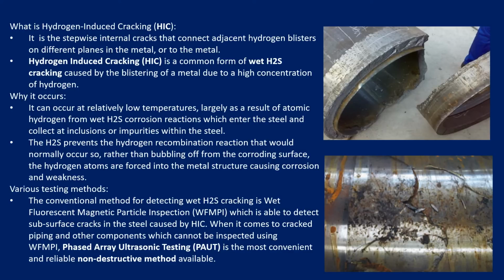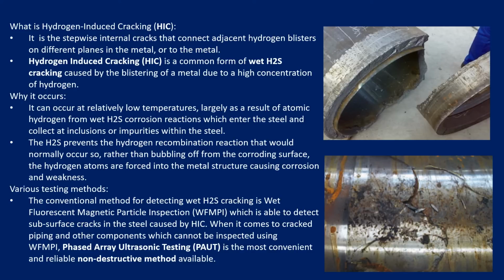Now there are a few tests which are available to identify this kind of cracking. A conventional method of detecting wet H2S cracking is wet fluorescent magnetic particle inspection, which is also called WFMPI, which is able to detect subsurface cracks in the steel caused by hydrogen induced cracking.